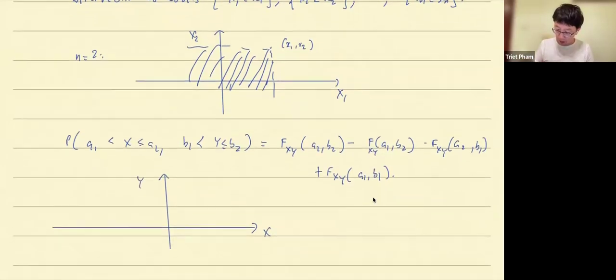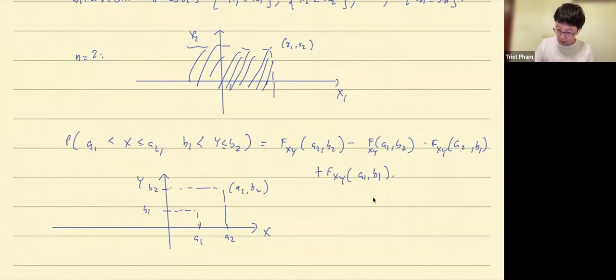Then you have A2 B2, and then you have A1 B1, let's say, to the left and below that.